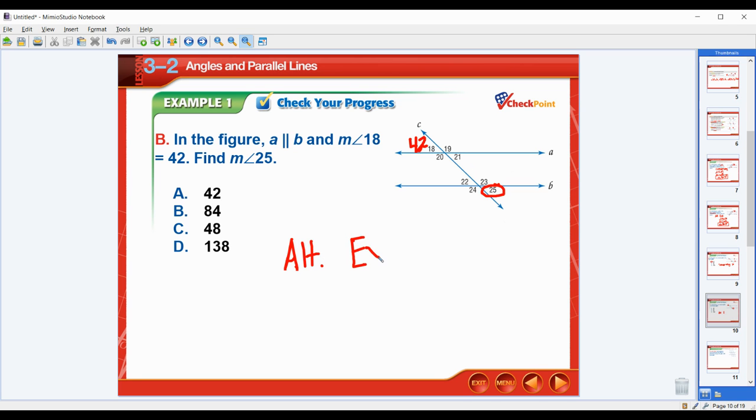The reason they're alternate exterior angles is because they are both on the exterior and they're on opposite sides of our transversal. We got 42 for angle 18. We got to figure out what we know about alternate exterior angles. We know that alternate exterior angles, when our lines are parallel, are congruent. So if angle 18 is 42, that must mean that angle 25 is also 42.